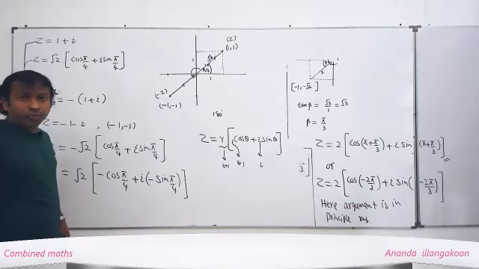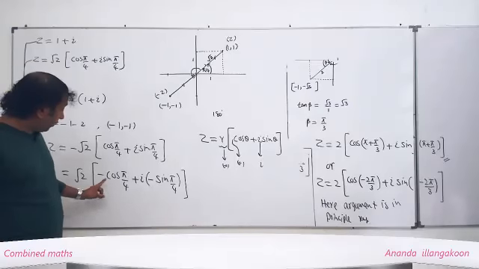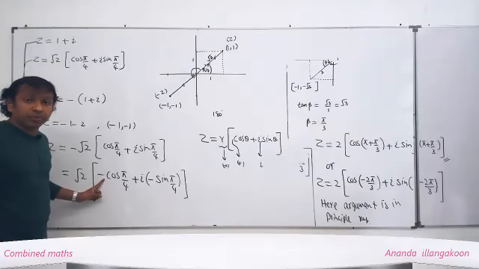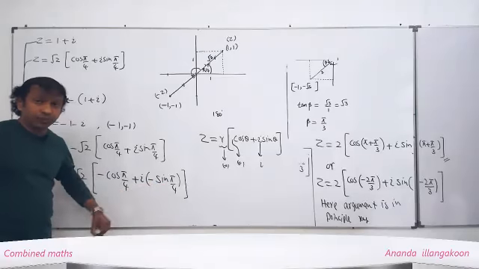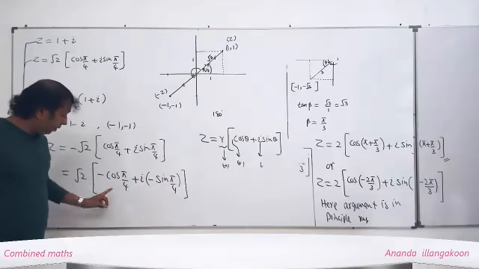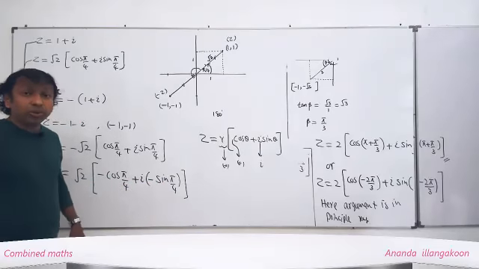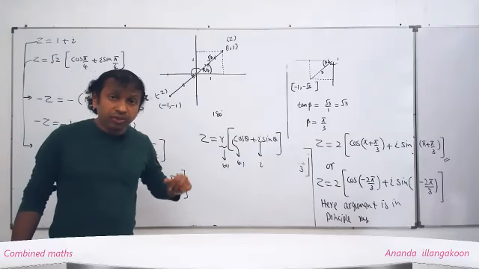Until you form that, you haven't expressed your complex number in polar form. This is not the polar form because cos and sin both have negative signs, and both should be positive. Cos and sin both negative means the third quadrant.